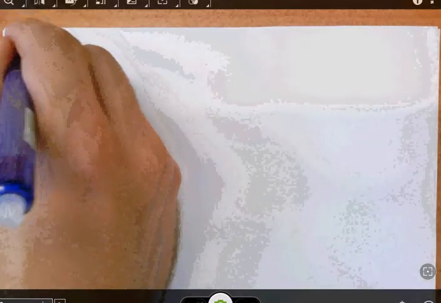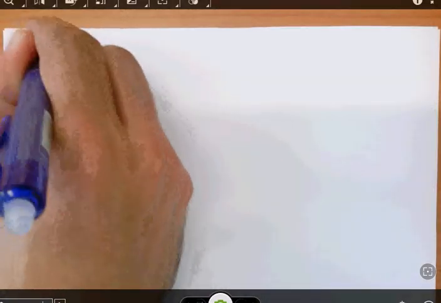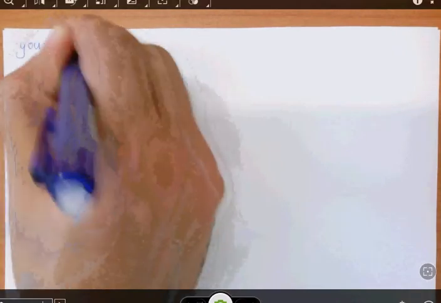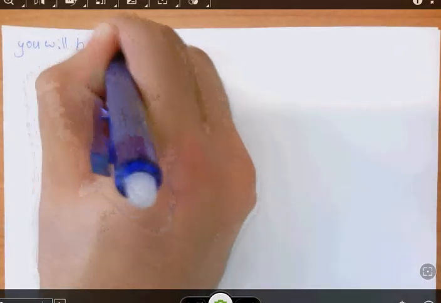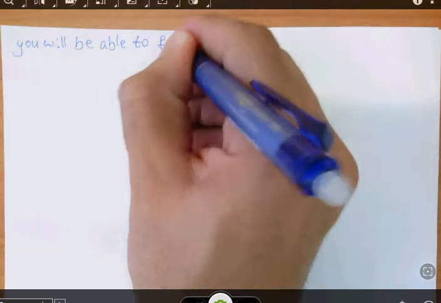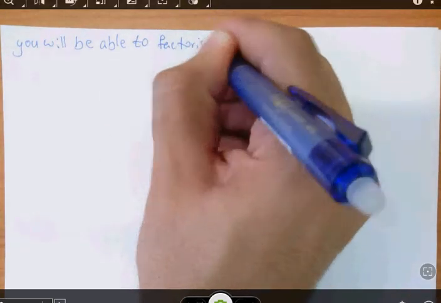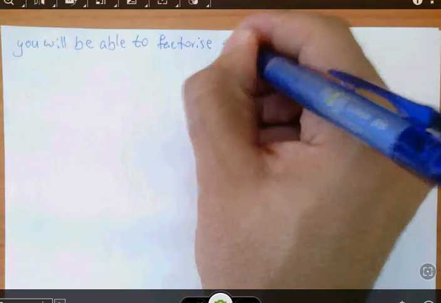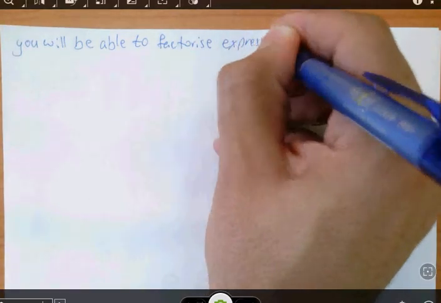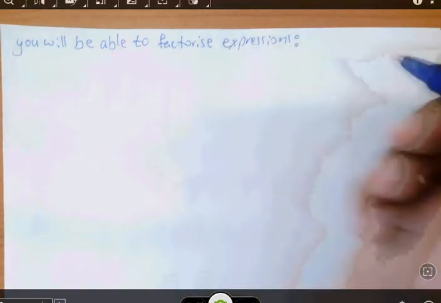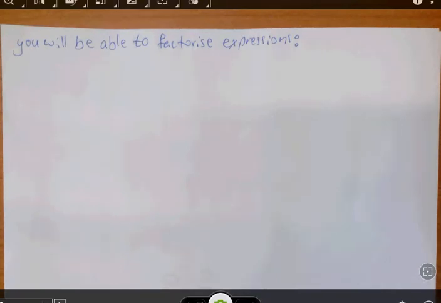So, okay. All right, let's get started with our second side goal.